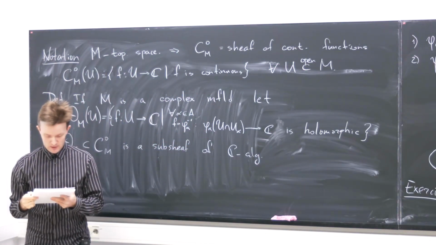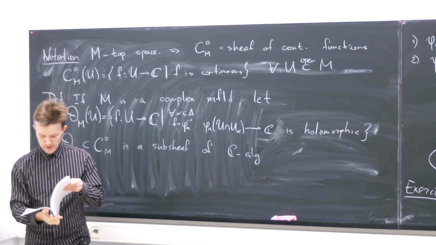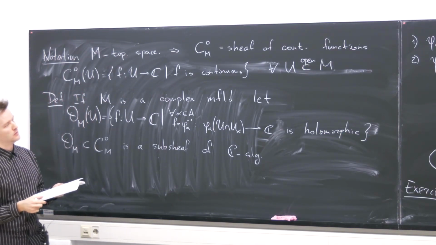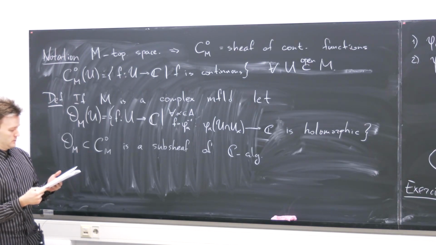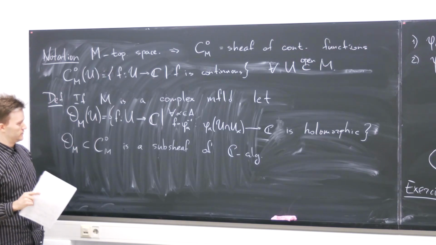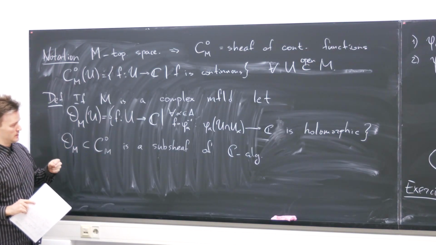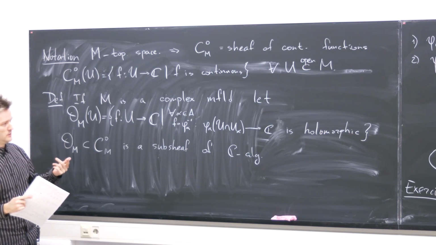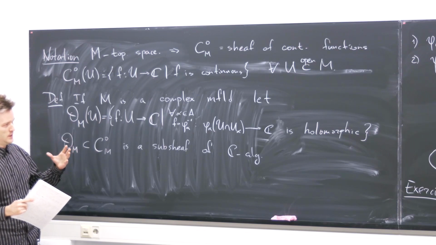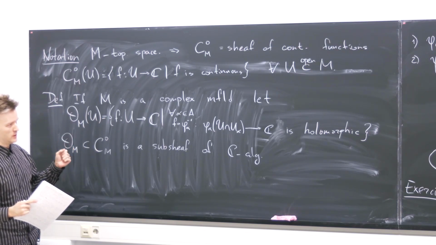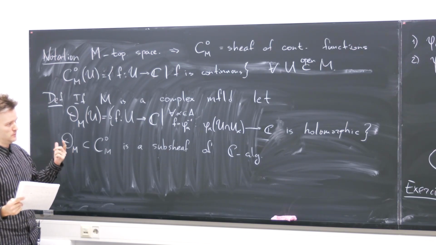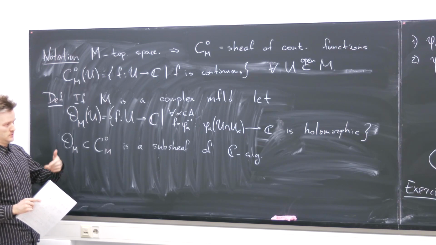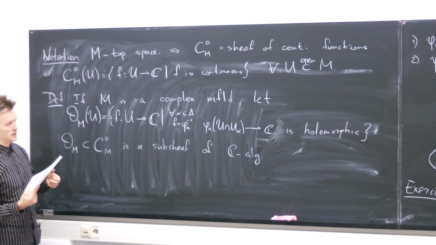And a different way to define the structure of a complex manifold on a topological space is just to define a subsheaf of the sheaf of continuous functions that satisfies certain properties, namely that every point has a neighborhood that is isomorphic to an open subset of Cm, and in such a way that under this homeomorphism, the subsheaf OM corresponds to the sheaf of holomorphic functions in Cm.